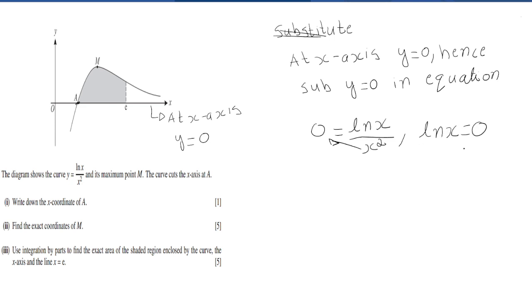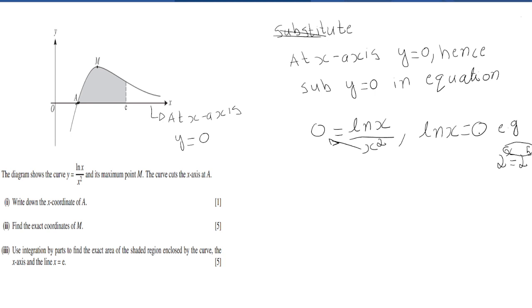Now there's something that we know since the beginning from the indices, that when the bases are the same, then we can equate the powers as well. So over here we already know that ln x is equal to 0.